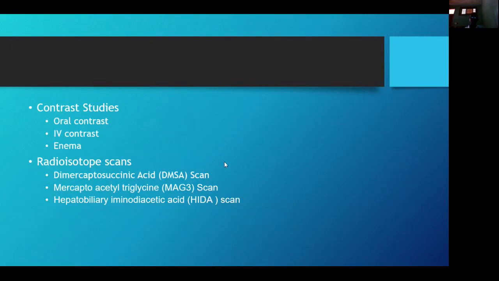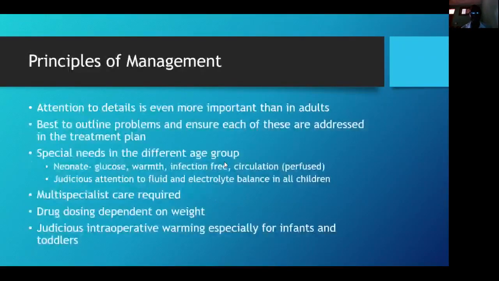This may be indicated especially in children with pelvic ureteric junction obstruction or any obstructive lesion within the renal tract. It will tell the relative contribution of each of the kidneys to the renal function, and it will also tell where the obstruction is. Another one is the HIDA scan, which is for liver pathology, especially for children with something like biliary atresia.